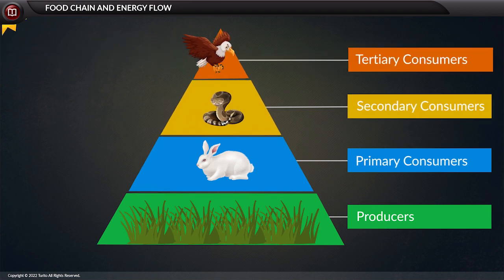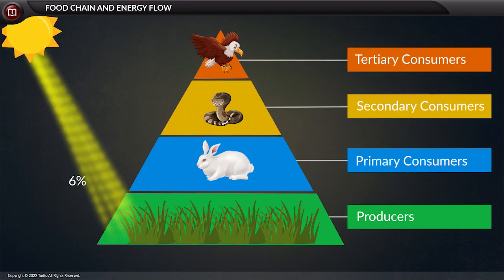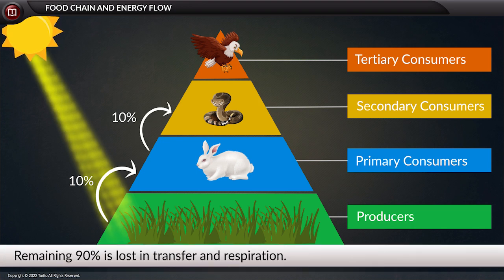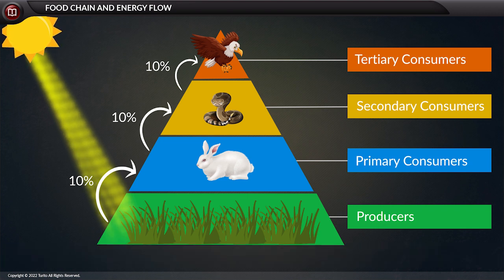According to the 10% law, only 10% of the energy contained in a lower trophic level is trapped by the next higher trophic level, the remaining 90% being lost in transfer and respiration. This means only 10% of energy is transferred from one trophic level to the next.